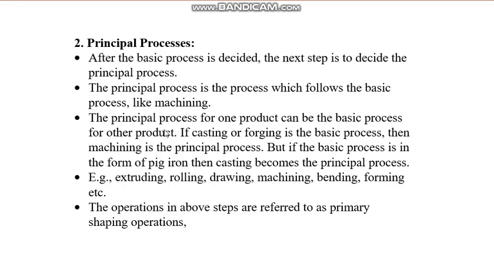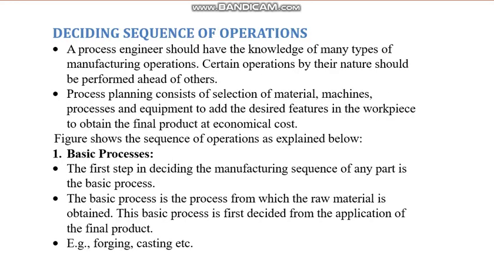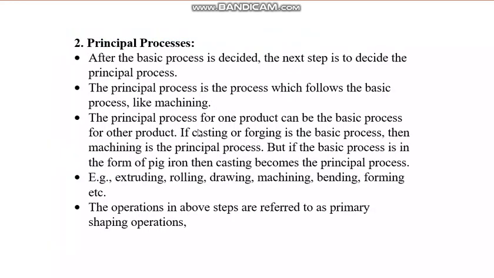The principal process for one product can be the basic process for another product. We are not saying that the basic process should always be forging or casting only. In this statement, the principal process for one product may be a basic process for some other product. If casting or forging is the basic process, then you may need to do machining afterwards, and machining becomes the principal process.